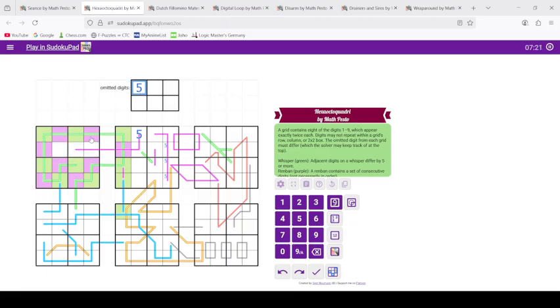Because there's no 5, there has to be 8 green digits and 8 pink digits. What that means, though, with the green digits, where's the 4 or 6 going to be?